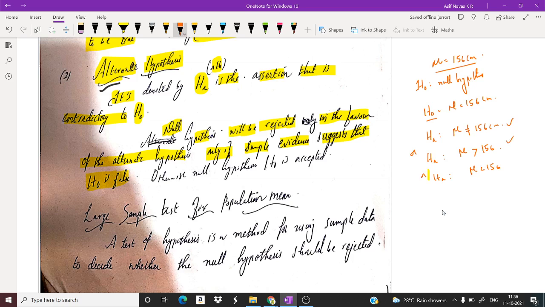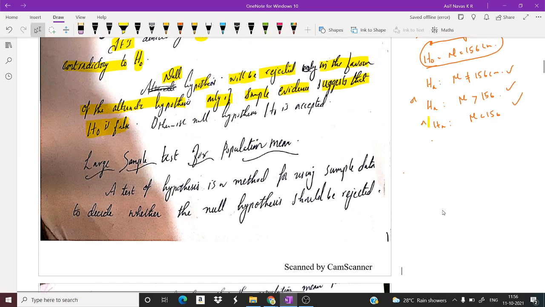So these three hypotheses contradict H naught, and therefore these are the possible alternative hypotheses. Now we will accept or reject H naught, the null hypothesis, based on the sample drawn from the population.